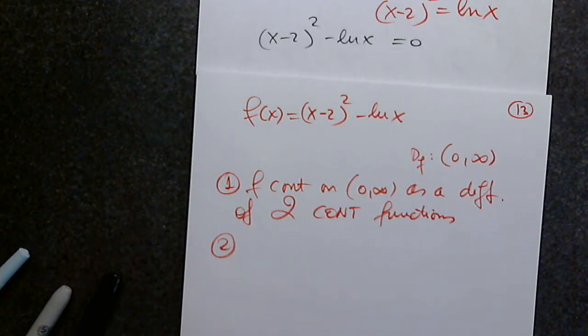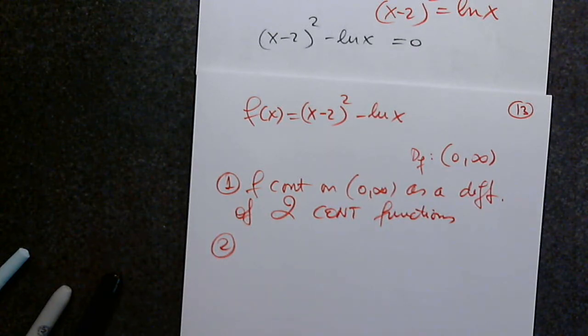So (x minus 2) squared, parentheses, (x minus 2) squared, and then minus natural log x, close the parentheses. So we go to second and table, and I'm going to try 1, and then 2. Good enough.